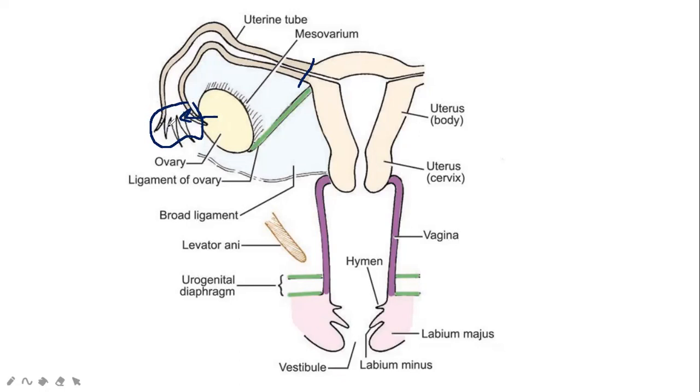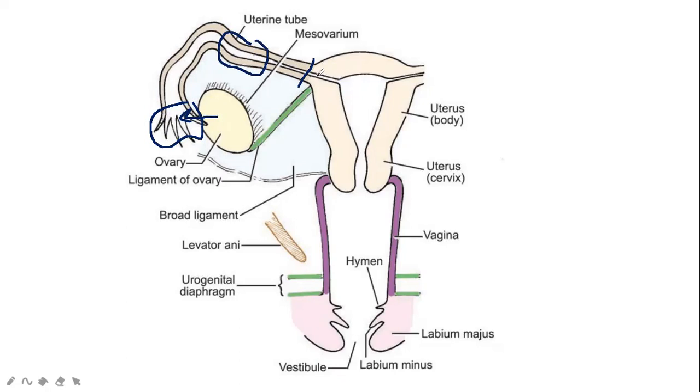There we have the fimbriae, finger-like projections, which open into the peritoneal cavity. And then there we have the canal for the fallopian tube. So we generally have the isthmus for the fallopian tube, and then the intramural part.